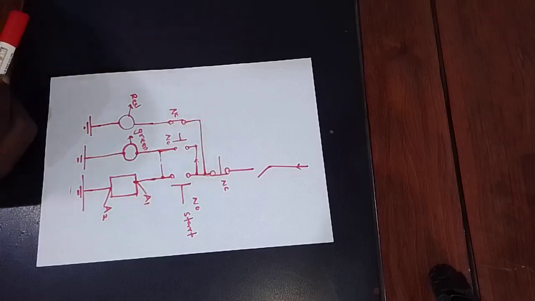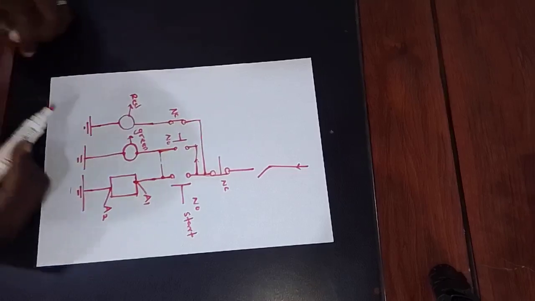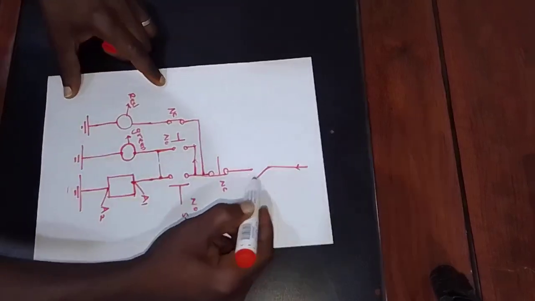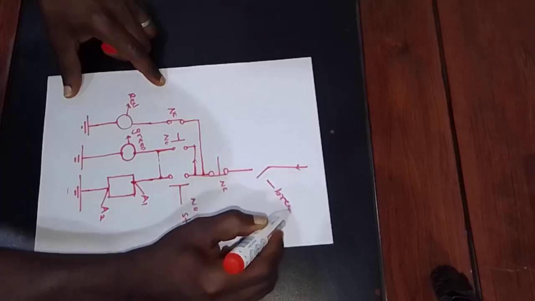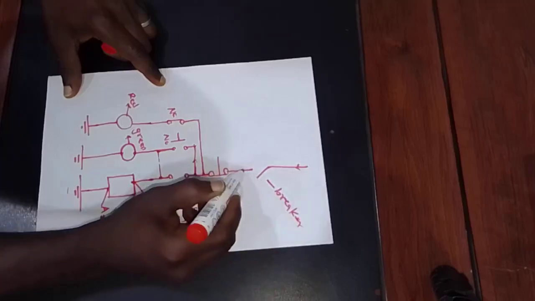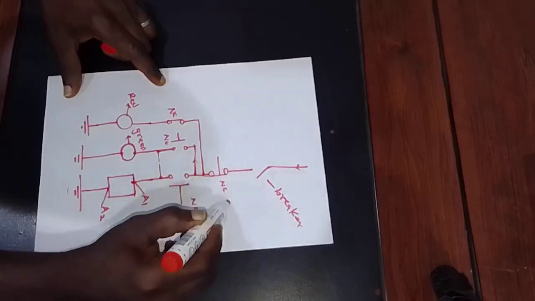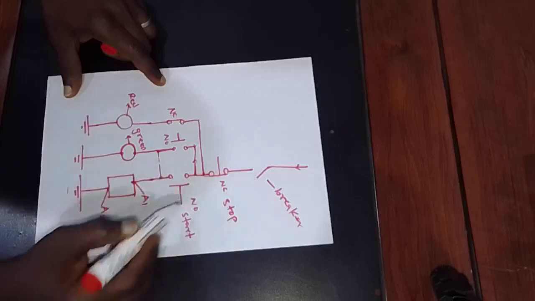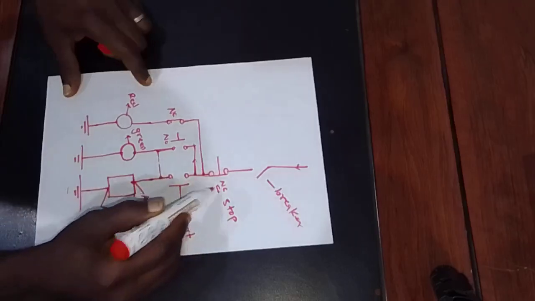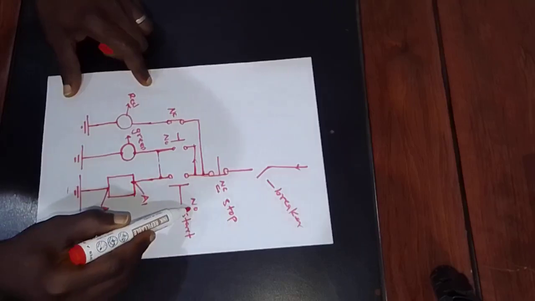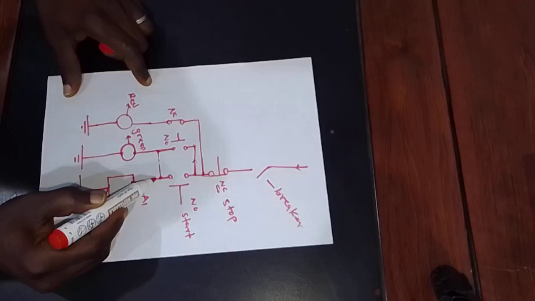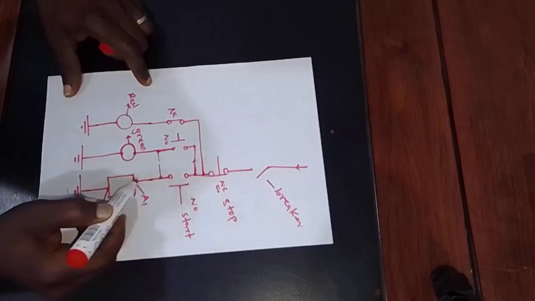So now, like I said, when current flows and this breaker is closed, current flows through the stop push button that is normally closed. Then the start push button that is normally open is pushed to close to allow current flow.